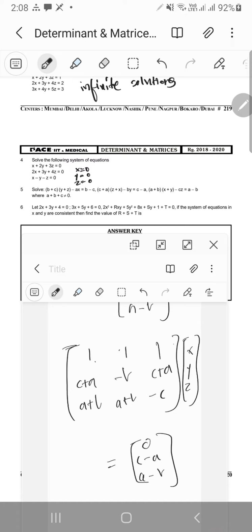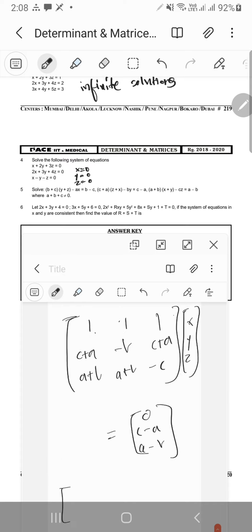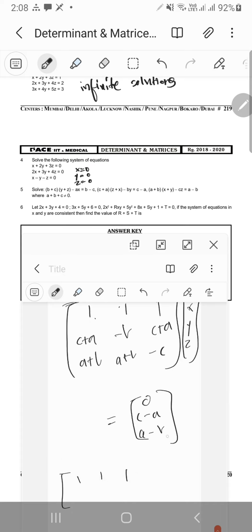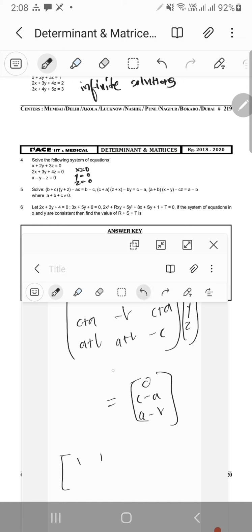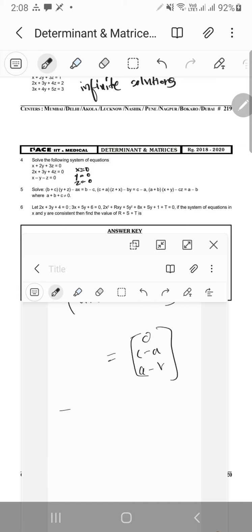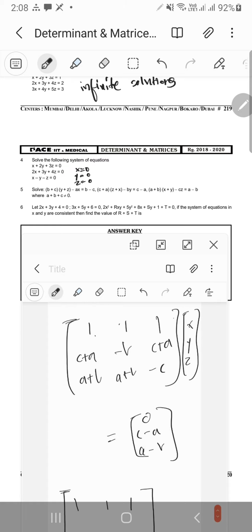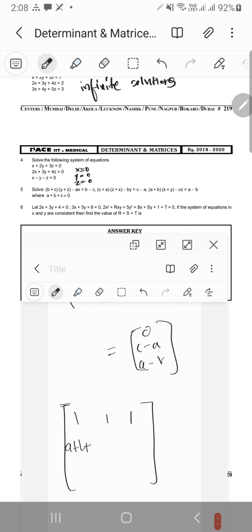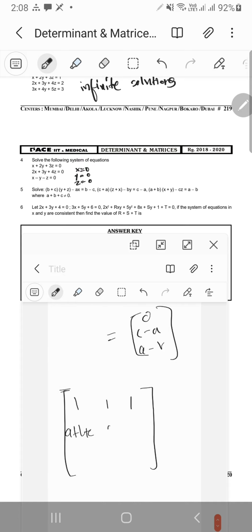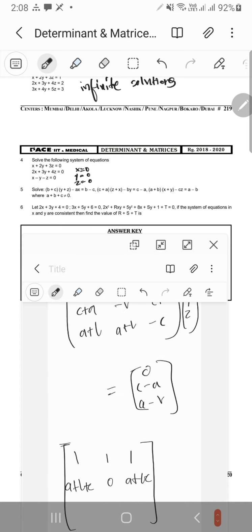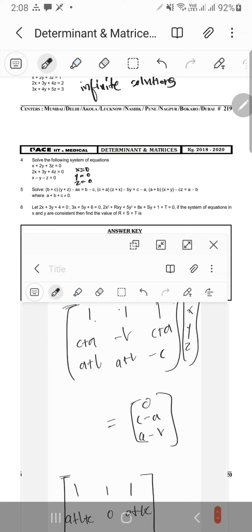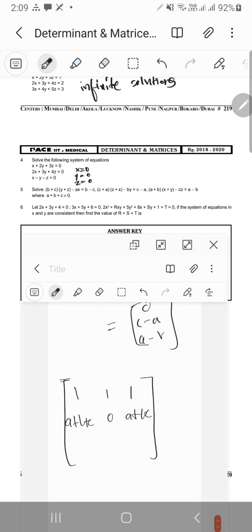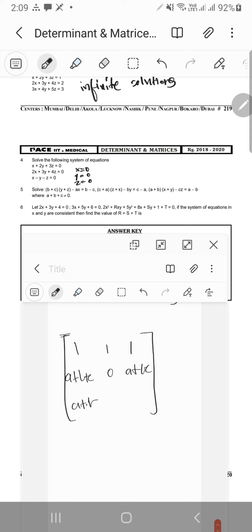First thing first, I'm just going to add this thing multiplied by b to the second row, and that will give us 1 1 1. This is a nice representation if nothing else. Add that, so a plus b plus c and 0 and a plus b plus c, and then I will also add plus c over there, so it will be a plus b.